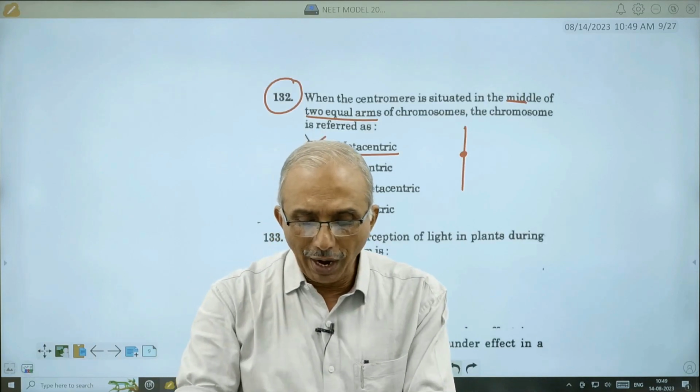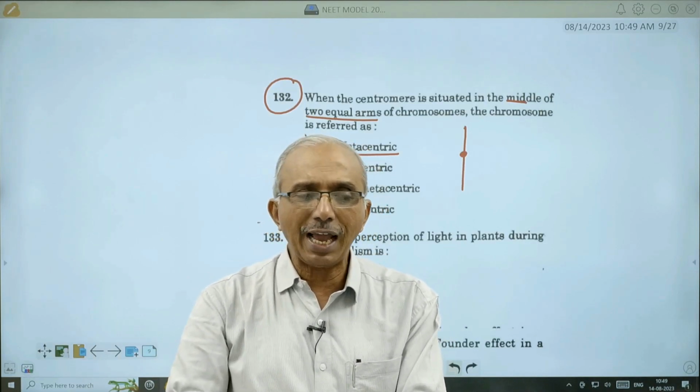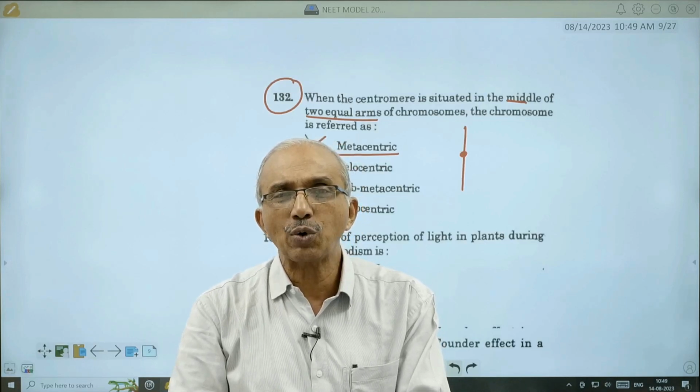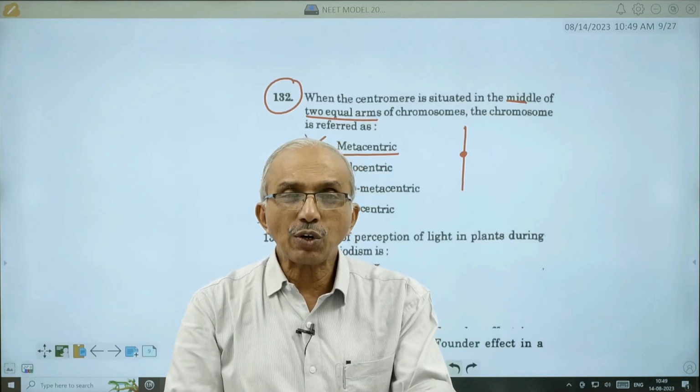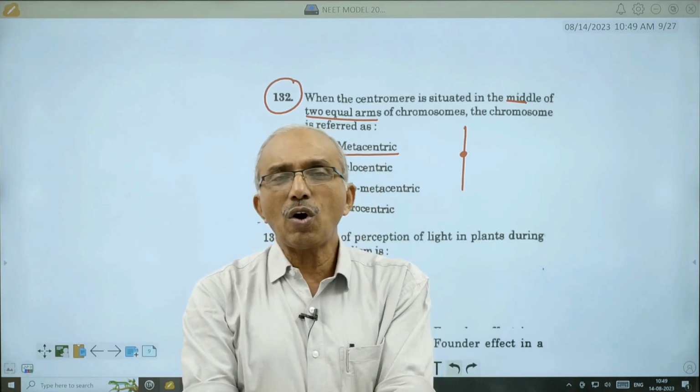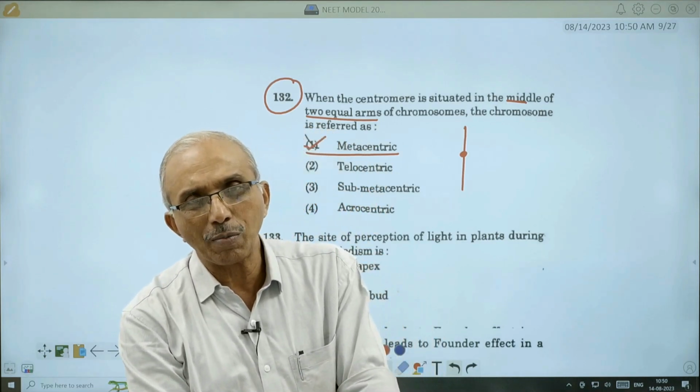Chromosomes are divided into 4 types based on the position of the centromere. If the centromere is exactly in the middle, it is called a metacentric chromosome.